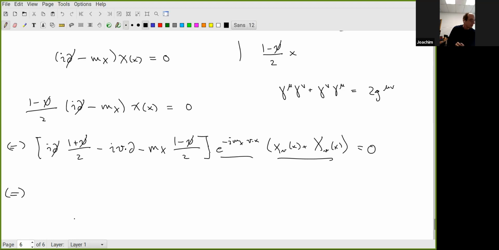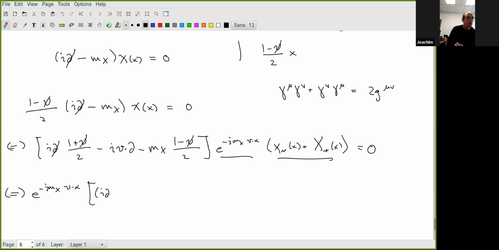Now it gets a little bit more complicated. So I move this to the left, e to the minus i m_chi v dot x. And then I pick up terms from this derivative.